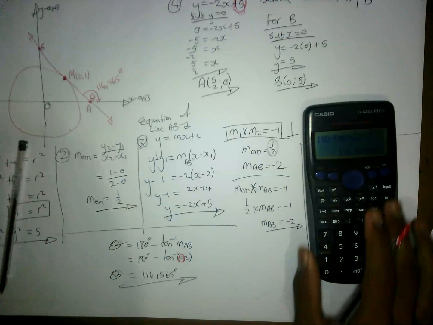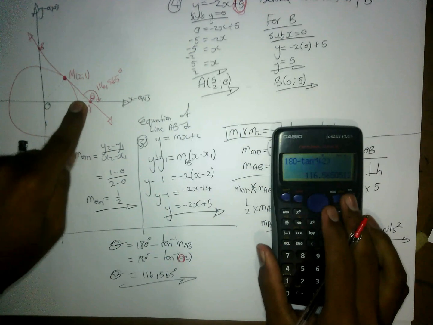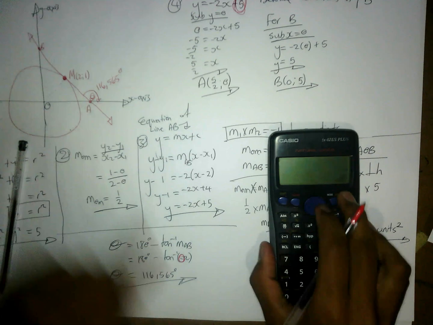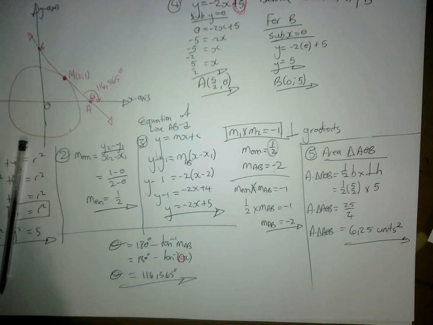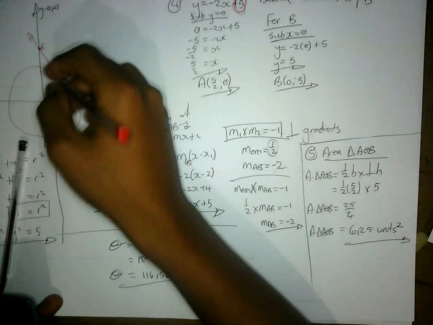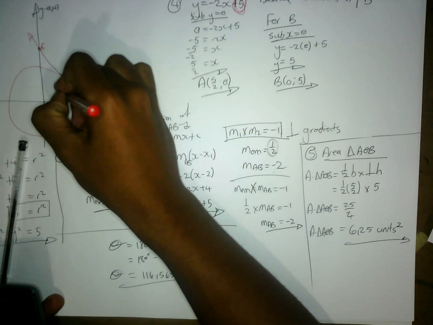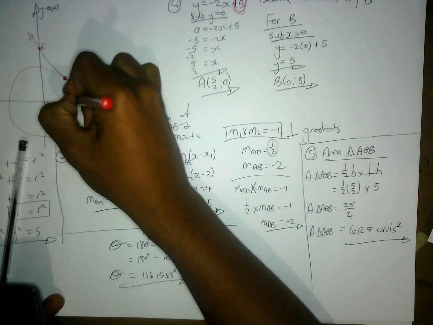Okay, let's quickly do the acute angle. Inverse tan gives 63.43 degrees.